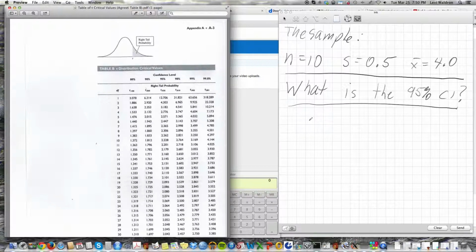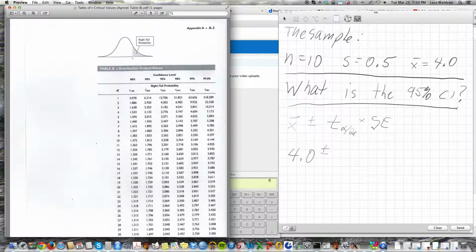So the first thing that we need to do, we've learned that the 95% confidence interval, or any confidence interval, is x bar plus or minus t sub alpha over 2 times the standard error. In this case, x bar is 4.0.